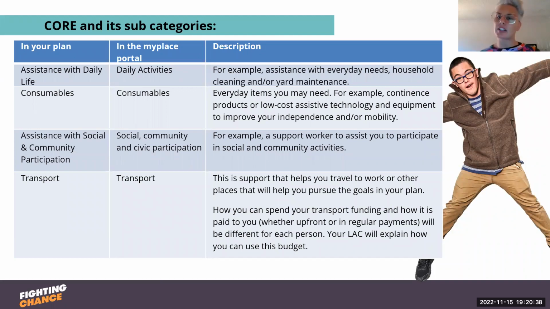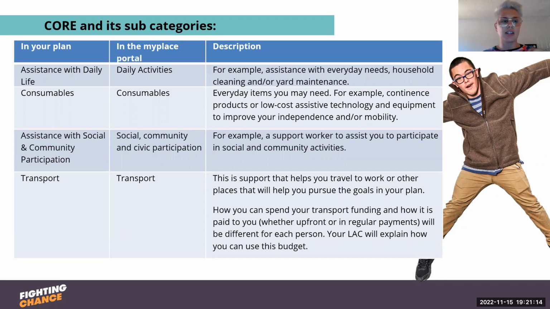It tends to be something that doesn't require any modifications, so it tends to be something that you can just pick off the shelf. Not always, but sometimes. And then it also can include continence products or health related consumable items, if you're needing that, or if your person's needing that. So that's what that budget is.